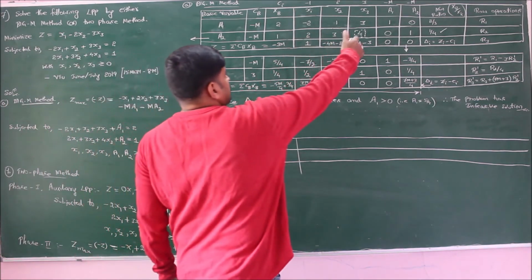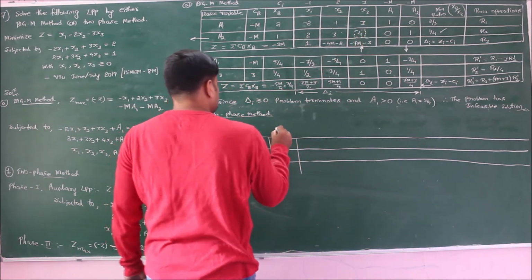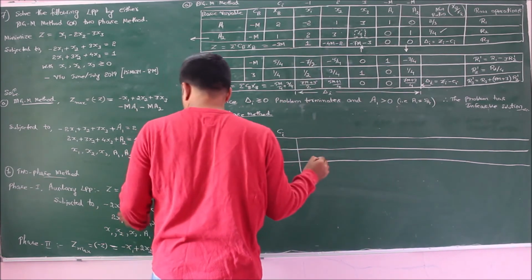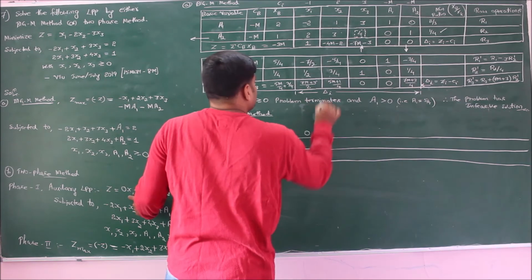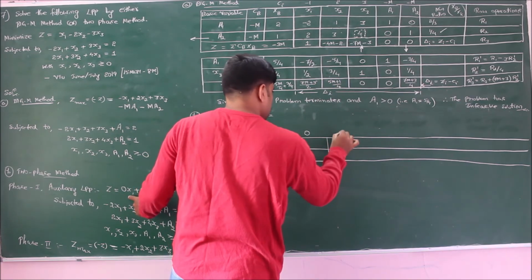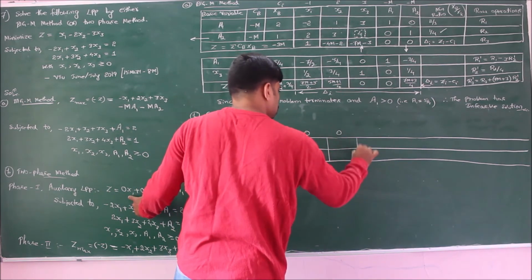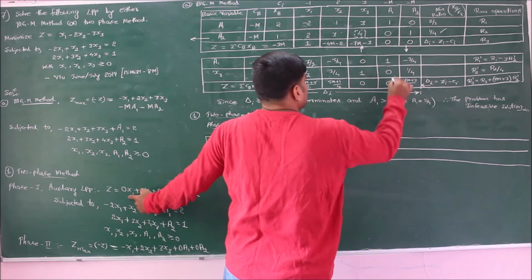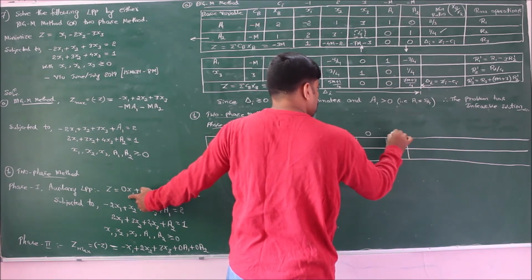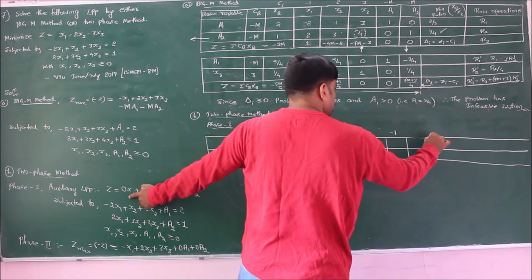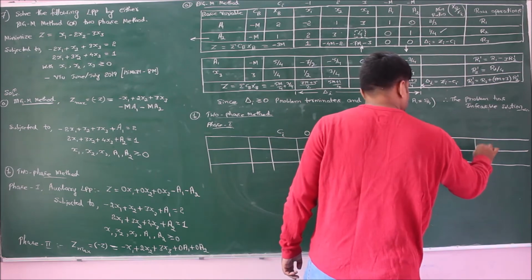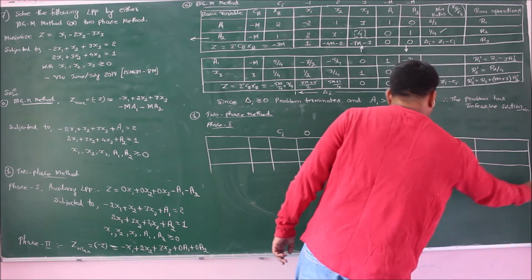So x1, x2, x3, a1, a2. But the value of Ci for this is 0 for x1, 0 for x2, 0 for x3 and minus 1 for a1 and minus 1 for a2, and we have minimum ratio xp by xk.